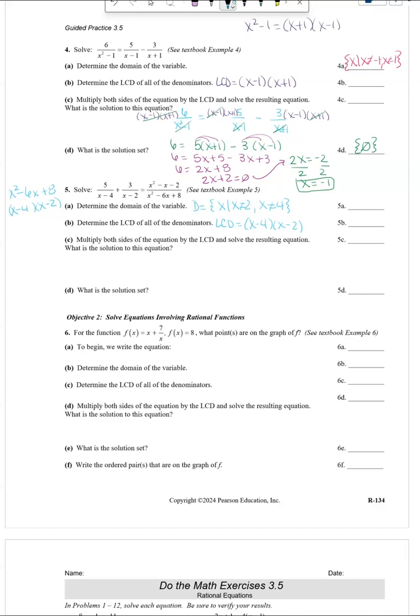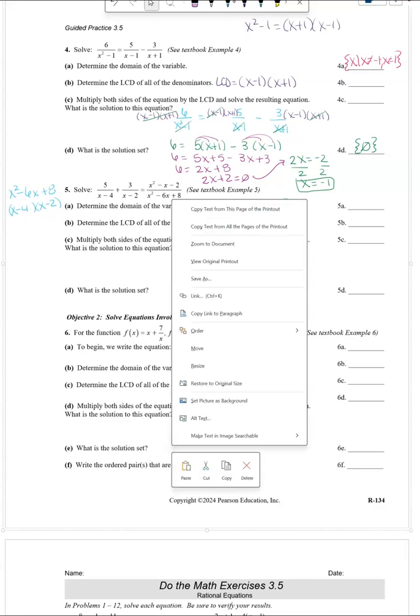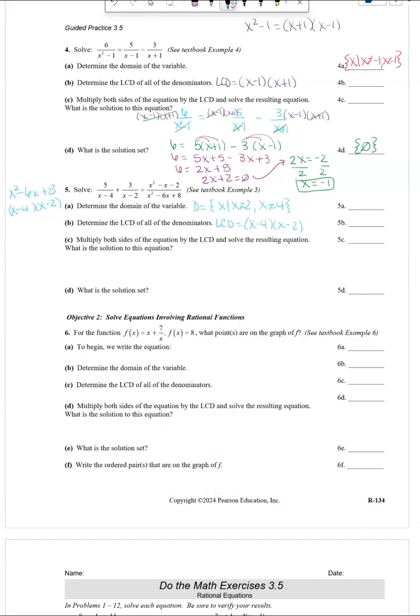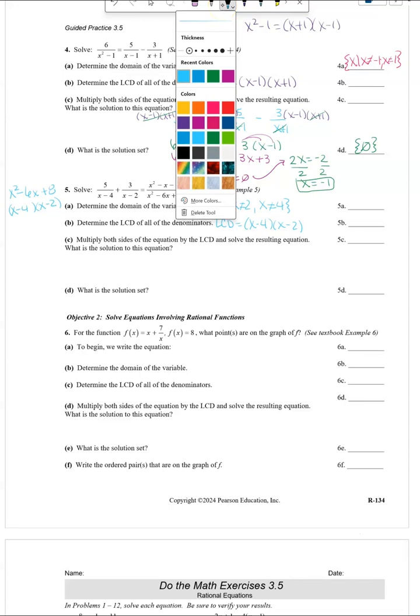So again, we're going to multiply each term in this, both sides, however you want to say it, by the least common denominator, and then solve. Okay? Sorry, guys. My hand's going crazy.